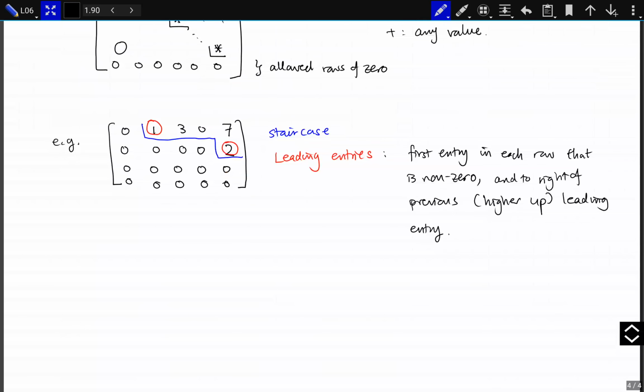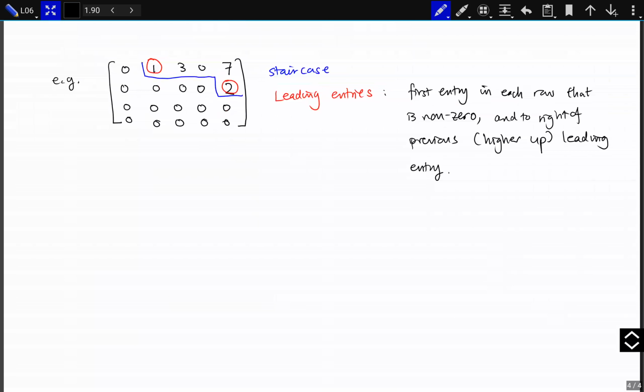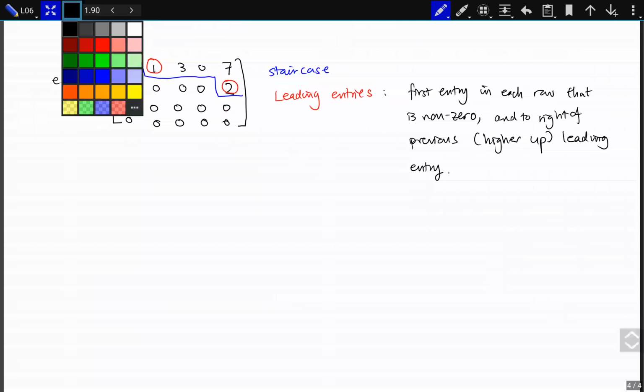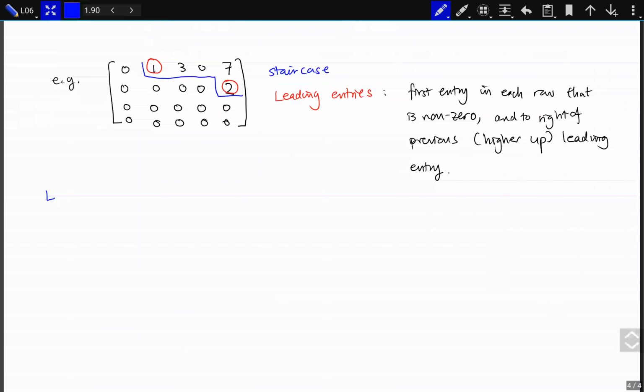So the final exercise, and I thank you for listening along to this lecture. Put the following matrix into echelon form using elementary row operations.